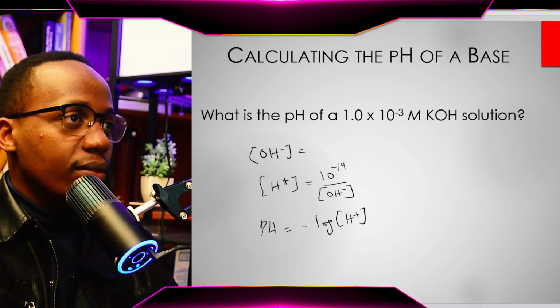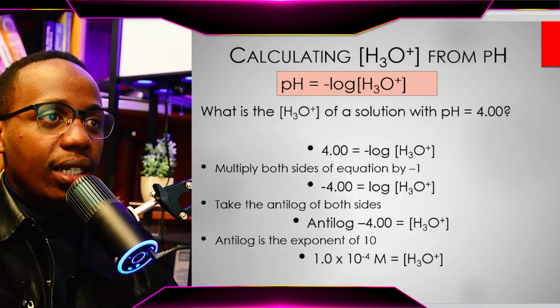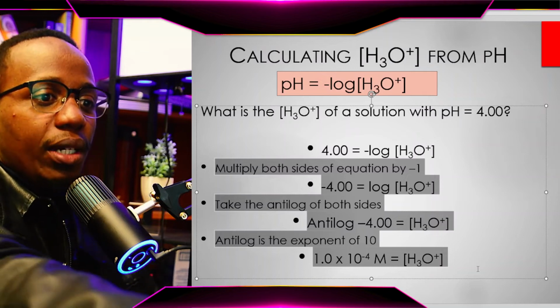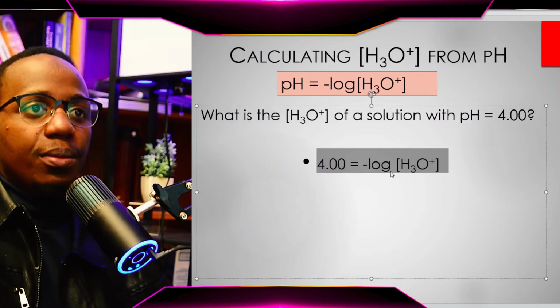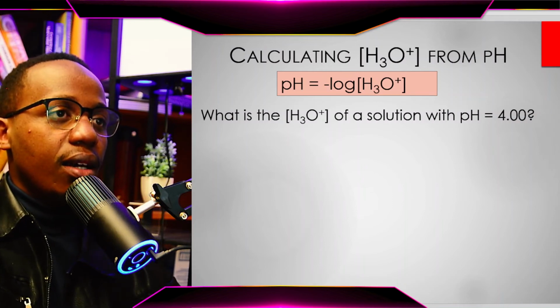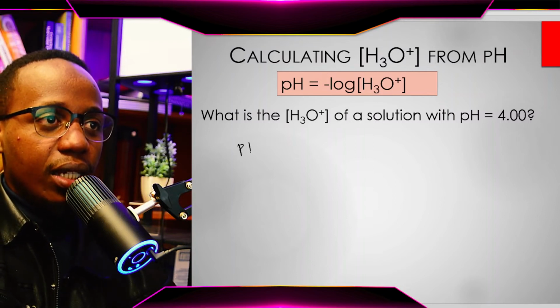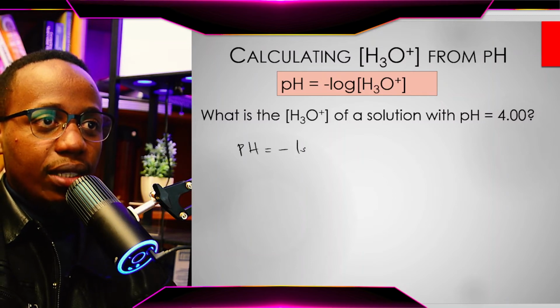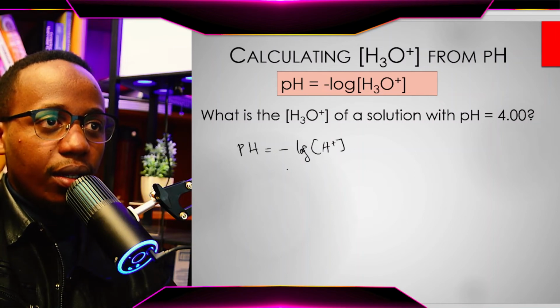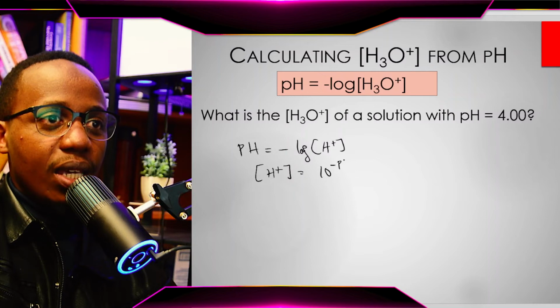So let's find another one. What about calculating H plus or H3O plus concentration from pH? We already looked at the formula for this, right? We saw that if pH is equal to negative log of H plus, then H plus is equal to 10 to the negative pH.